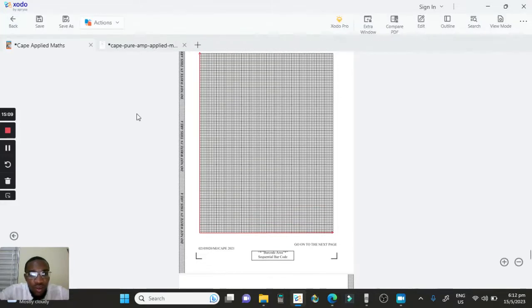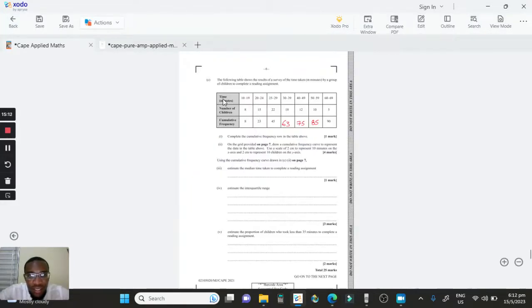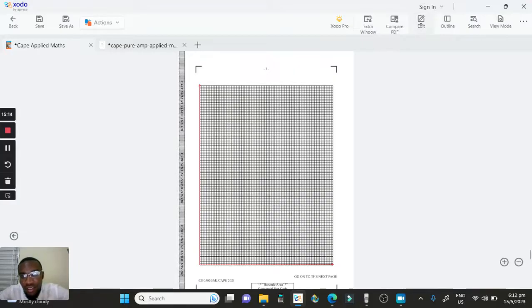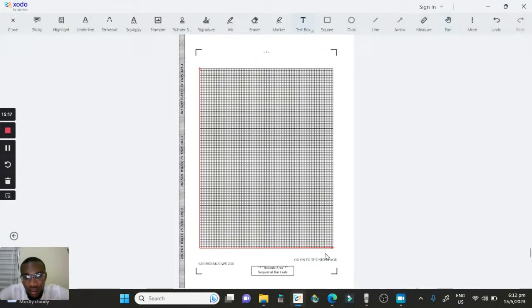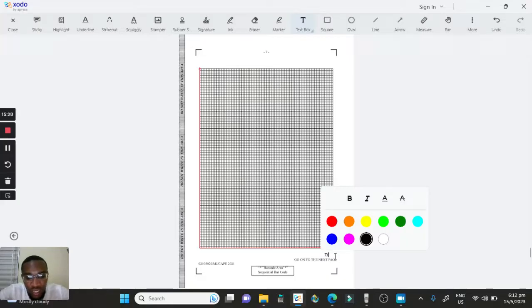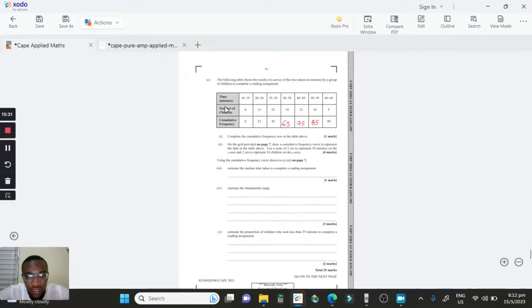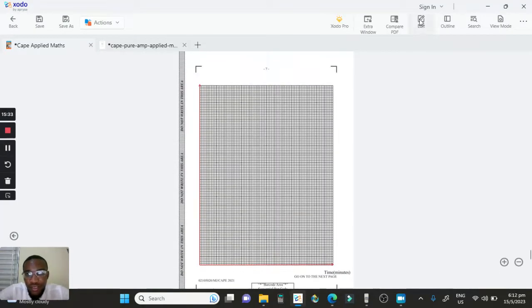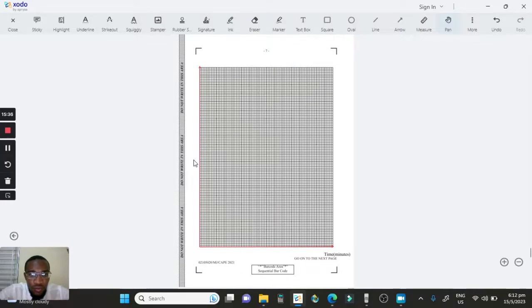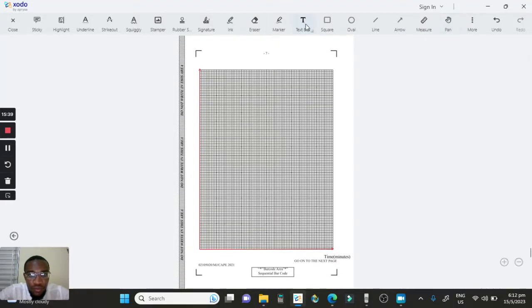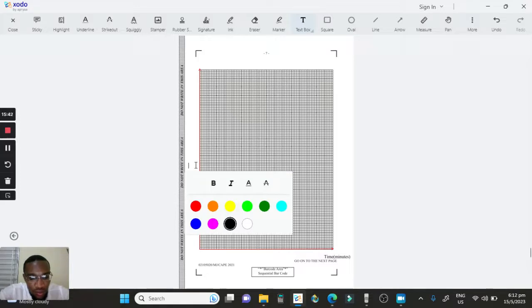All right, going back, what's on my x-axis? Time in minutes. I'm going to write on the x-axis: time, and this is in minutes. And what's on my y-axis? Number of children, or the cumulative frequency.